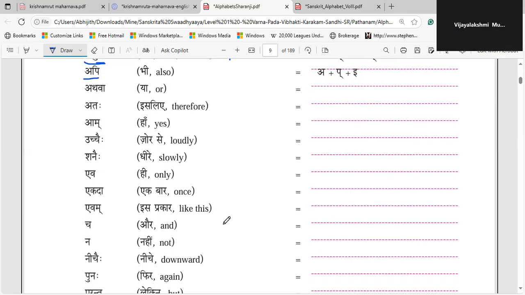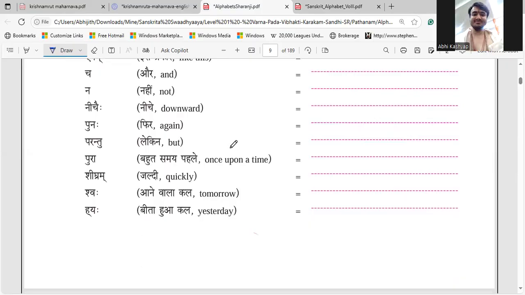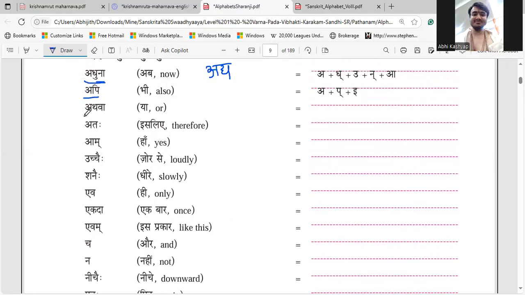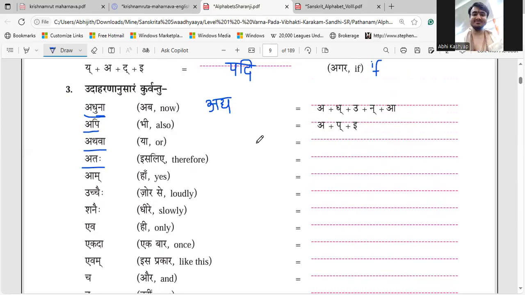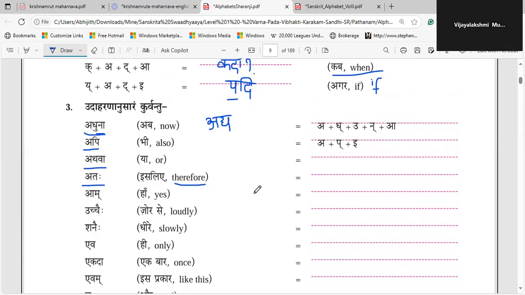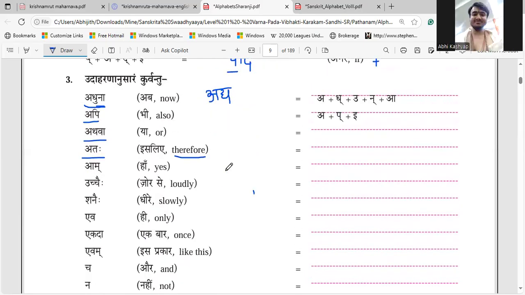So I'm giving you the meanings. The meanings are already there, actually. We don't need to worry too much about it. Athava, or. Atha, therefore. So this is usually paired with yadi. After yadi, if this happens, therefore we can take that also. Because also sometimes.